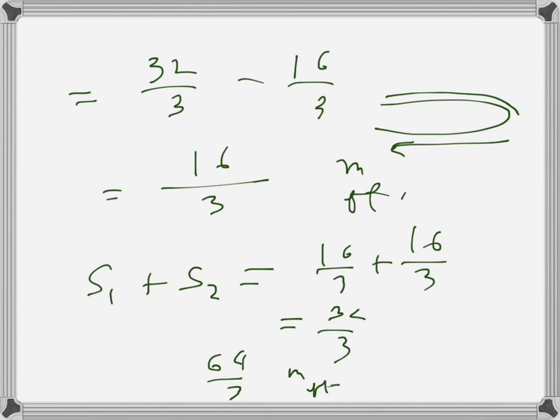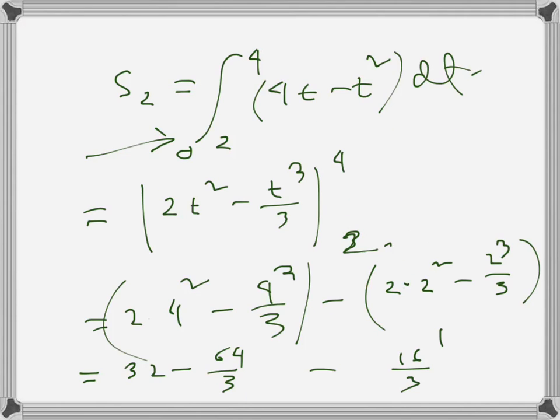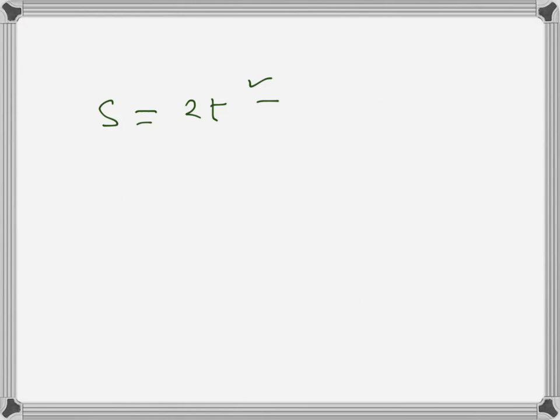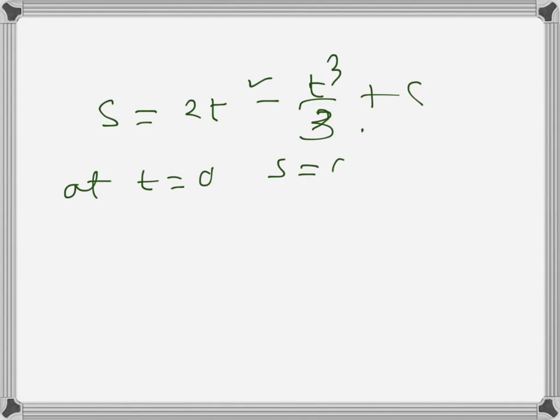And if we integrate the velocity, we get 2t square minus t cube over 3 plus c, just the integration, and at t equal to 0 the distance traveled is also 0, so c, the integration constant, becomes 0.